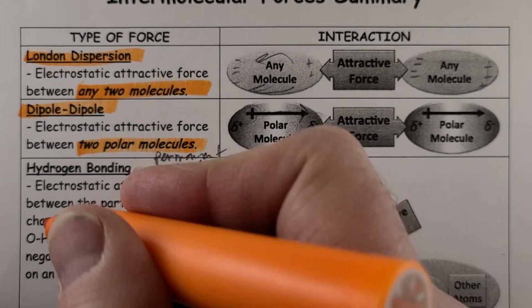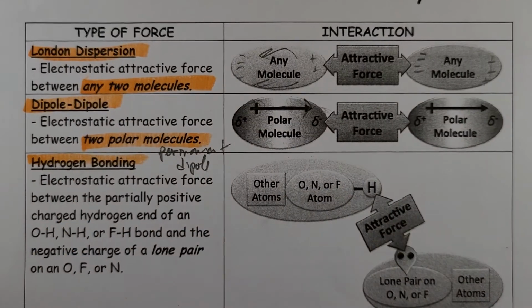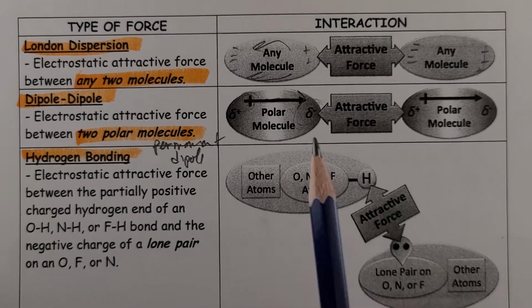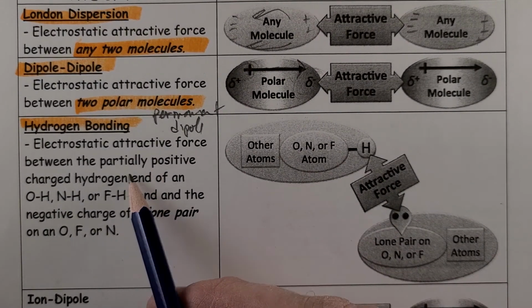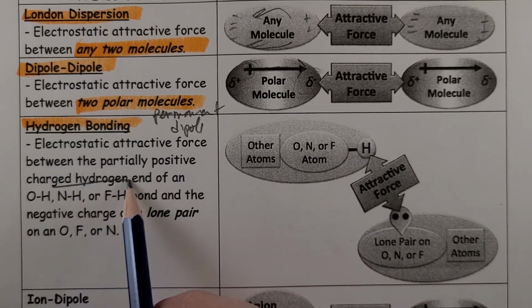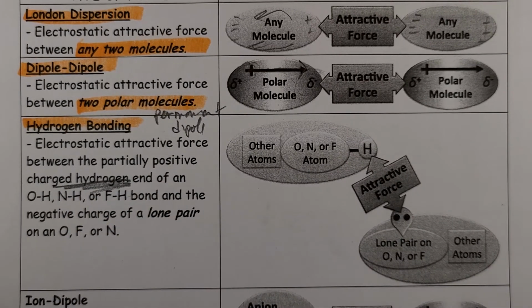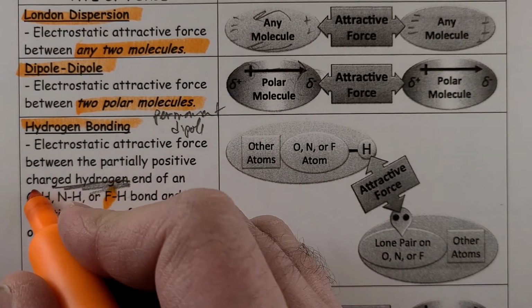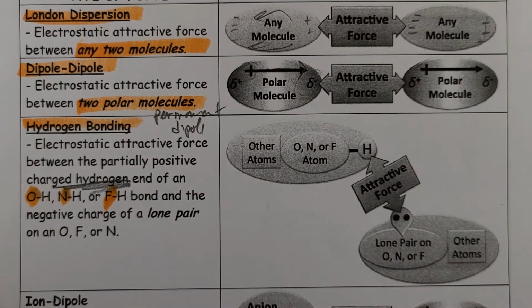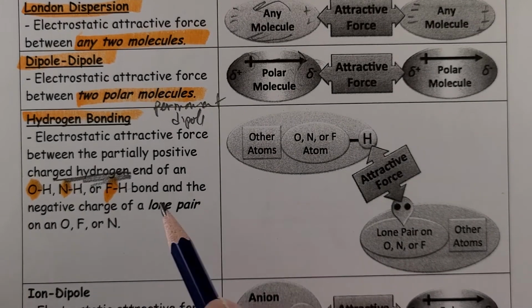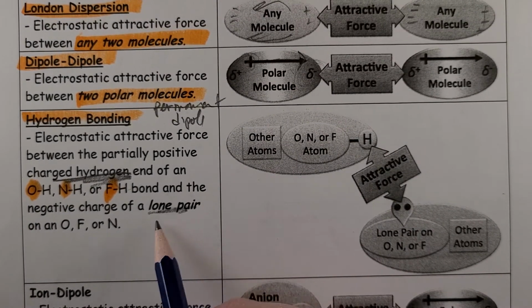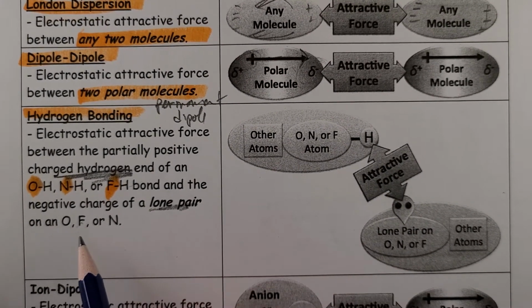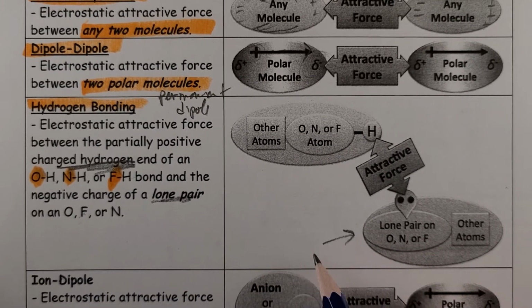And then, of course, hydrogen bonding is a special type of dipole. It's the electrostatic attractive force between the partial positive charge hydrogen in one end of an F, O, or N molecule, and the negative charge lone pair of a negative F, O, or N, which does not have to have hydrogen.